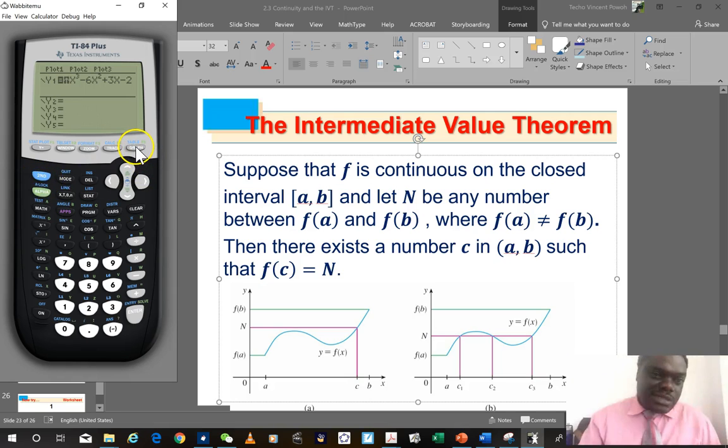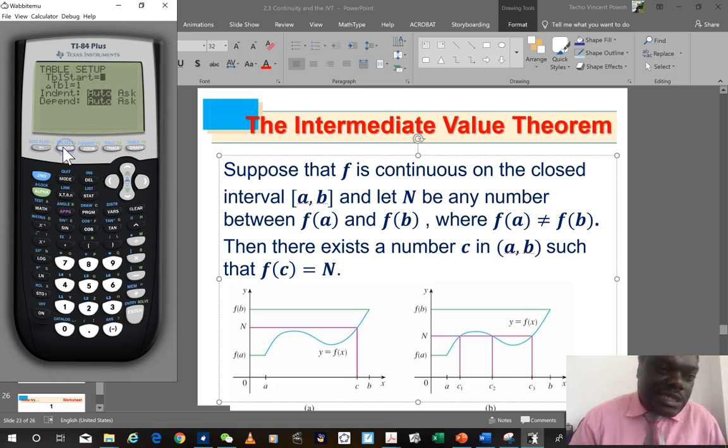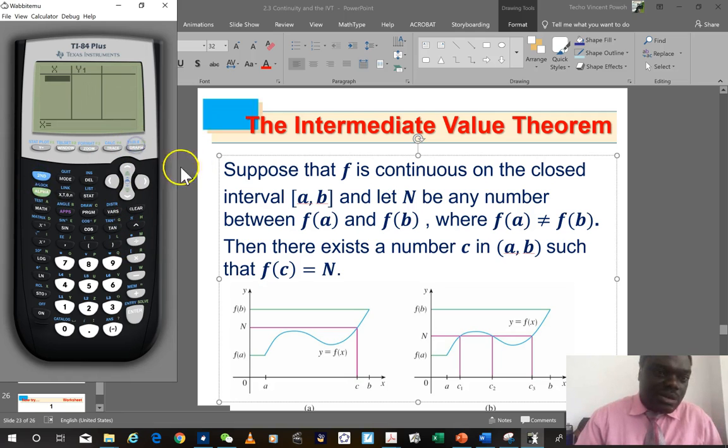So we would use the table function, or we should set our table to ask, so that we input the two values. Okay, that's our table. So we'll find f of 1. F of 1 is -1. We will also find f of 2. F of 2 is 12.